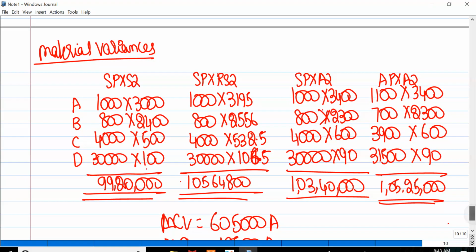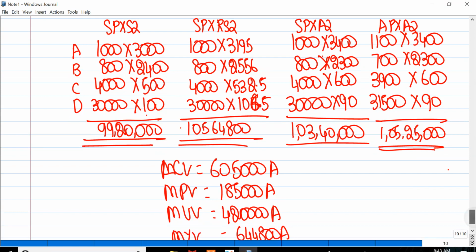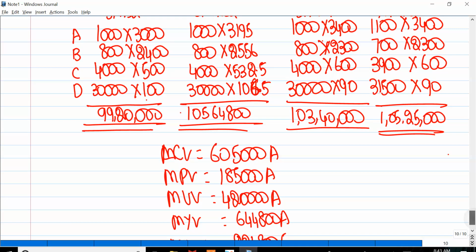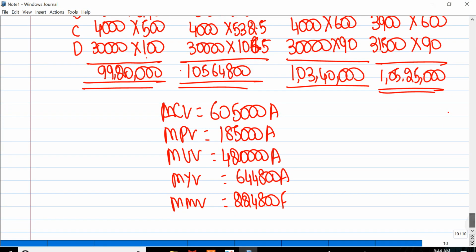Second column can be slightly different depending on how you have rounded off. 3195, 2556, 532.5 and 106.5 is what I have taken. If you take it slightly different, you will get a different answer. Done? Any doubts on this? Anybody has any doubts on this?